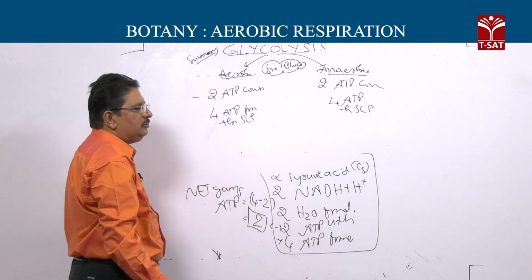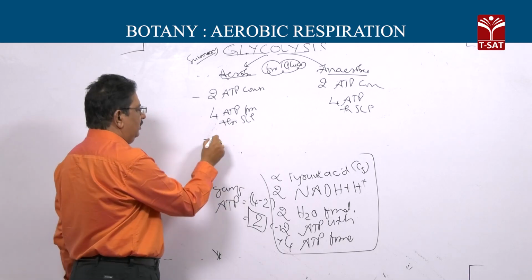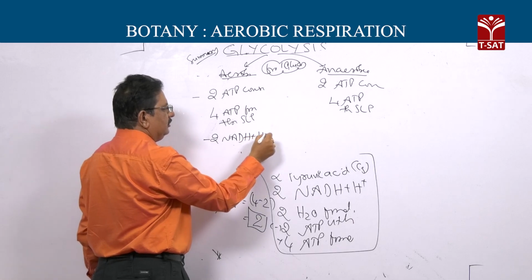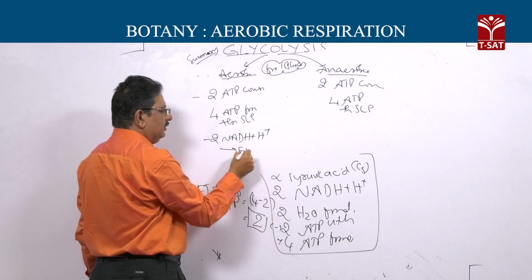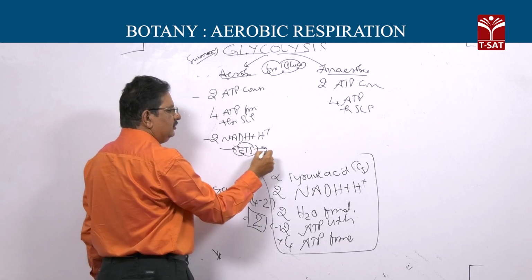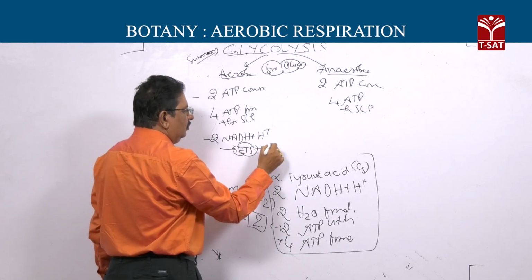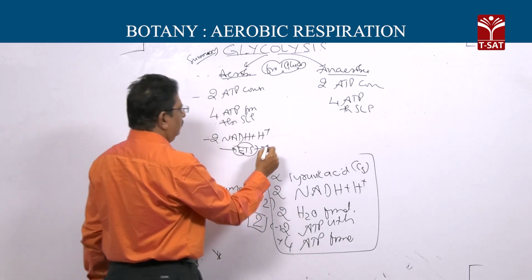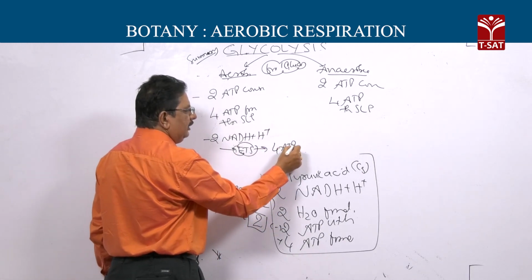And in aerobic respiration, later the 2 NADH plus H plus through ETS yield 4 more ATP.